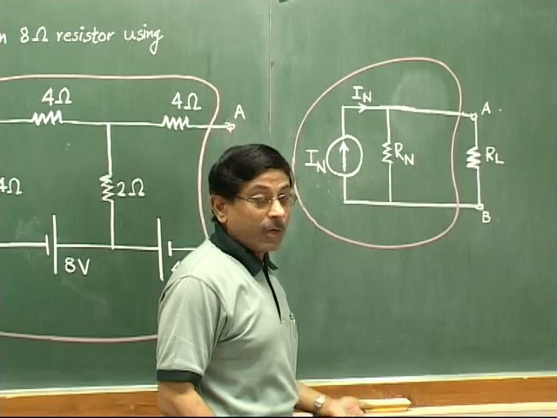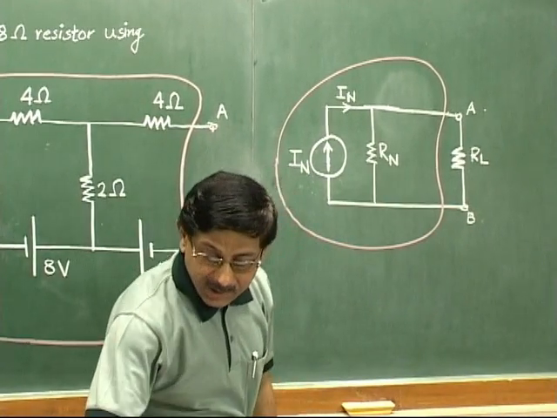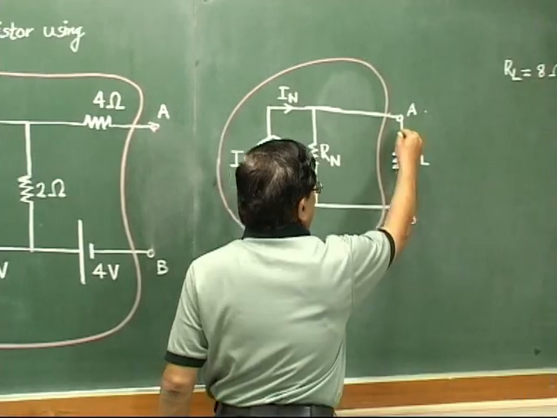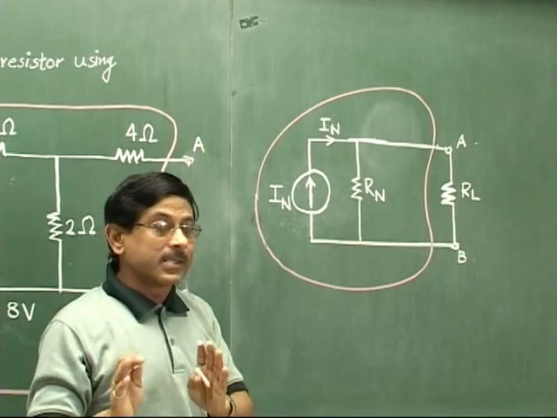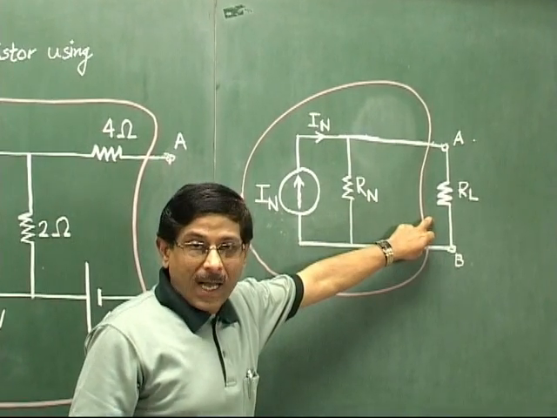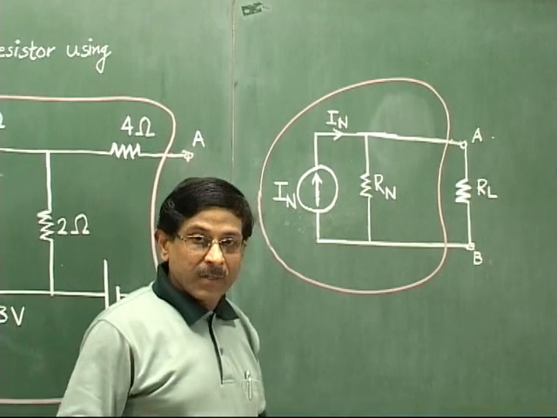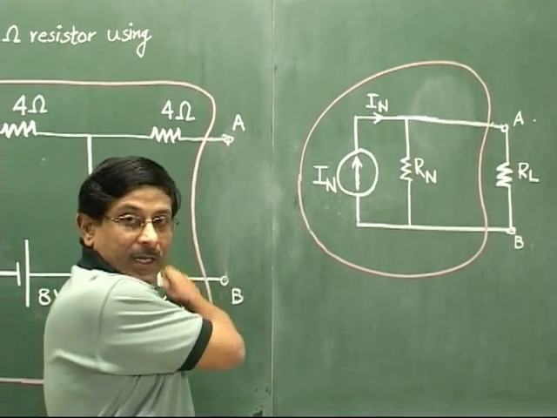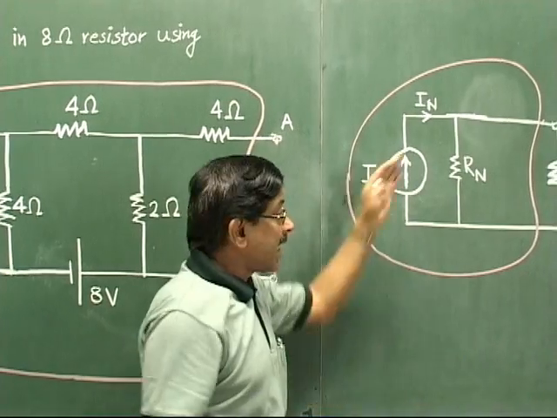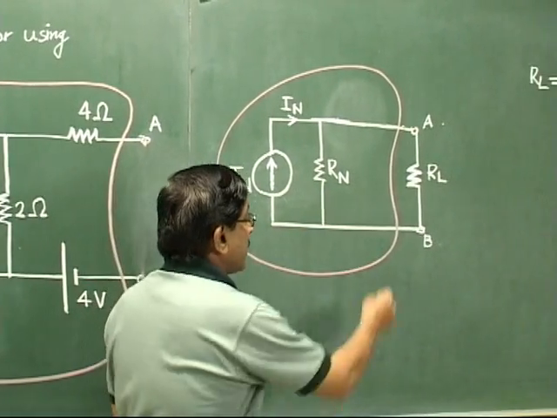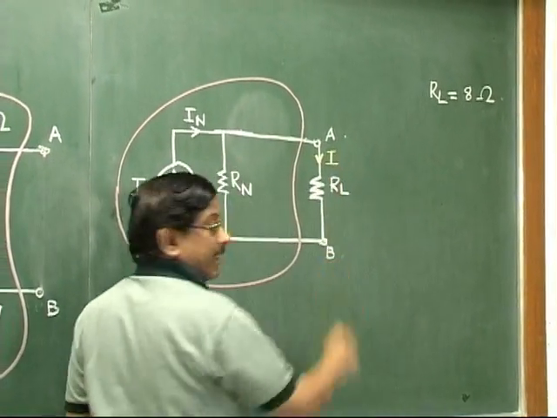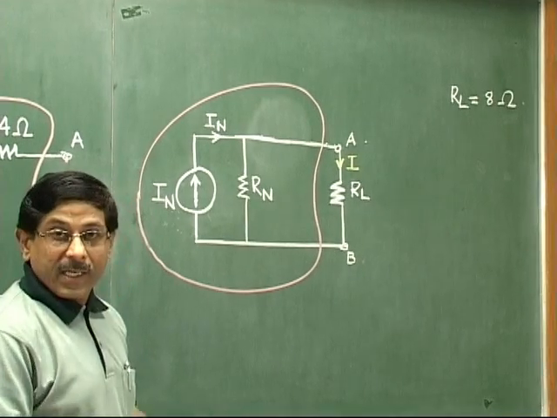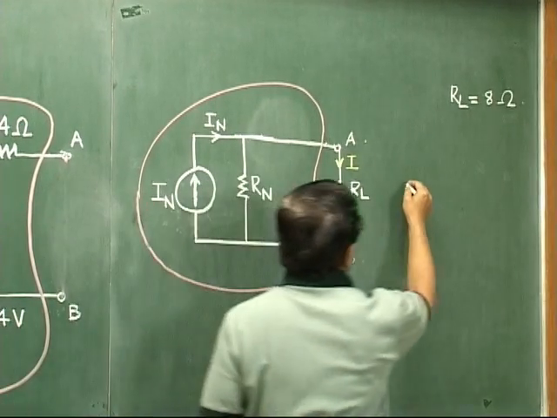The simple formula would be, if we just denote this current I, because what is our final job? Our final aim is to calculate current flowing through this RL in the given circuit. So what we have done, we have converted the given circuit into equivalent one like this, and then if we say that the current in load resistor is some current I, then we can simply write this I as what?